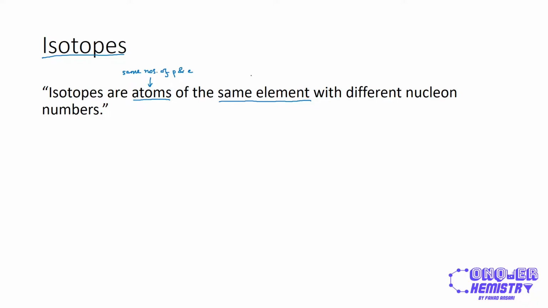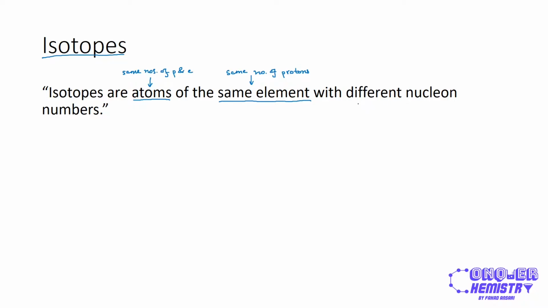So the same element implies that isotopes are atoms of the same type, which means they have the same number of protons as each other, and they have the same number of electrons as each other.